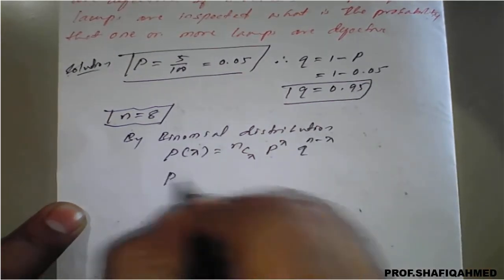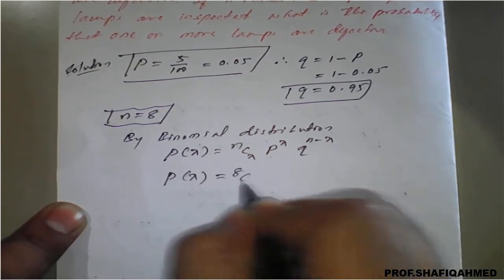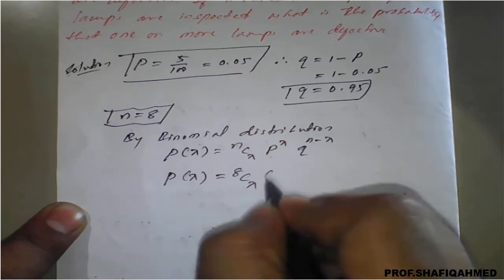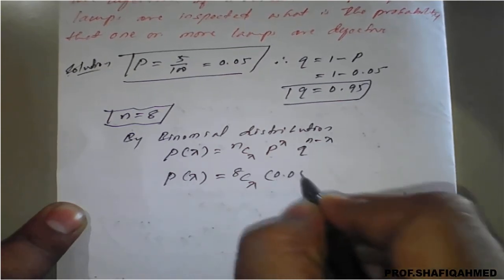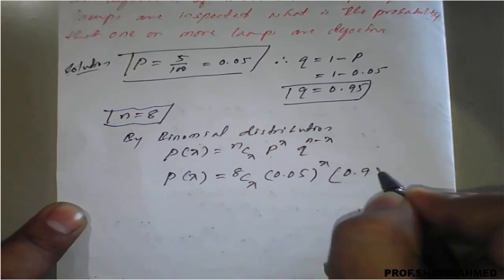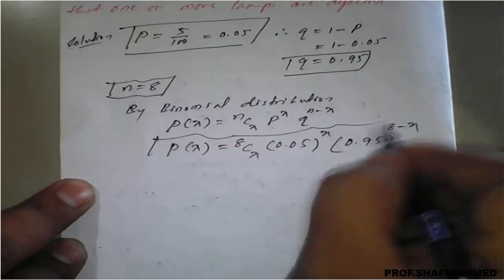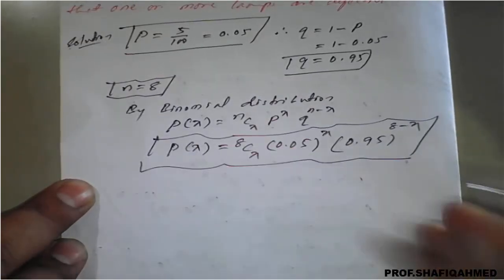So which all values we know, we will enter it. P of x is equal to n value is 8Cx, we don't know x as it is, p value is 0.05 raised to x, q value is 0.95 raised to 8 minus x. Now we know this formula, we will simplify.